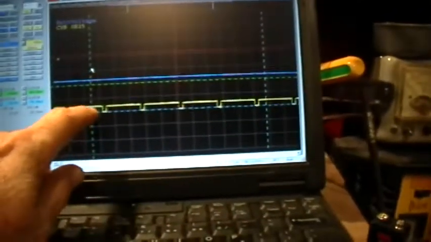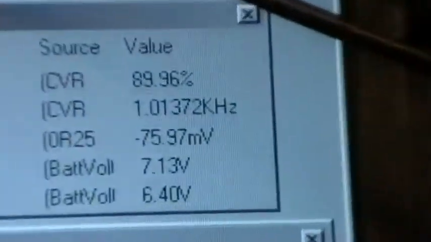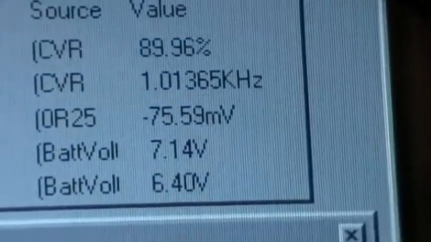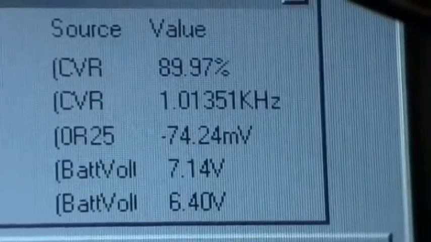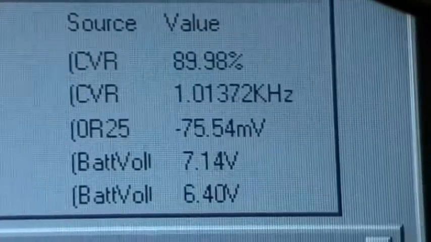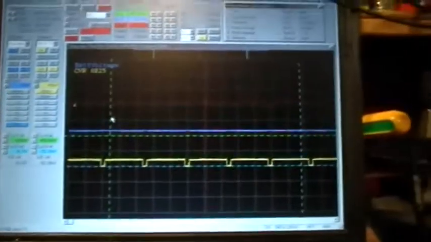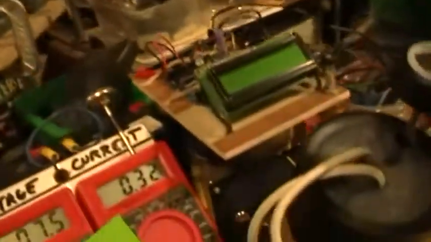Well, you'll notice that it's at the same level as before. We even have approximately the same average there, 74 to 78 millivolts. Even the same current indicated there.